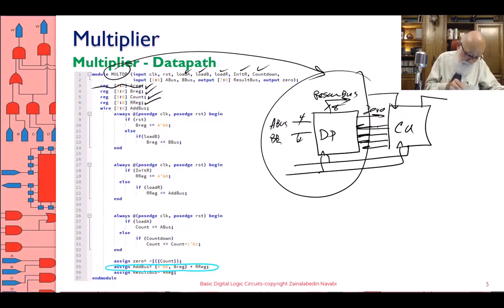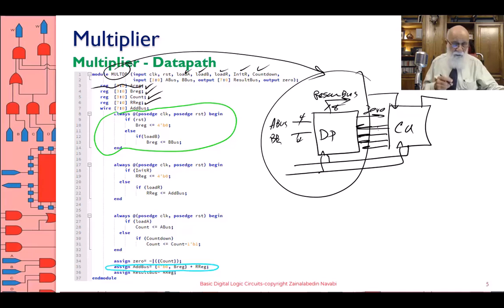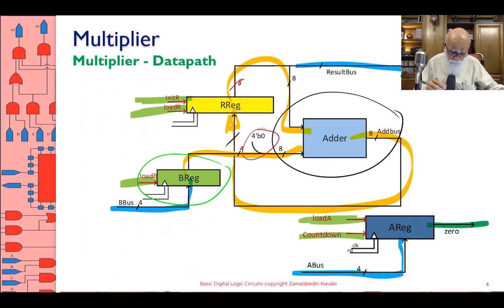Okay, this always statement here: positive edge clock, positive edge reset. If reset is 1, put 4 zeros in B reg. Otherwise, if load B is 1, B bus goes into B reg. Okay, I'm done with this.